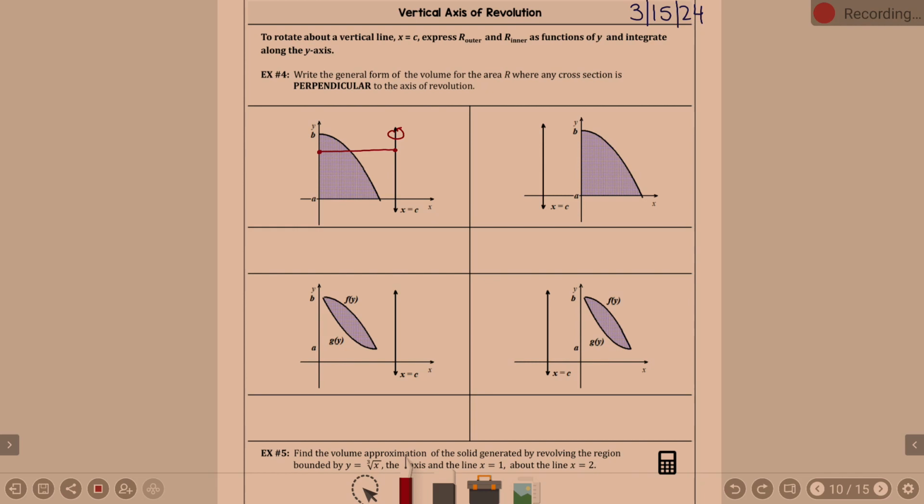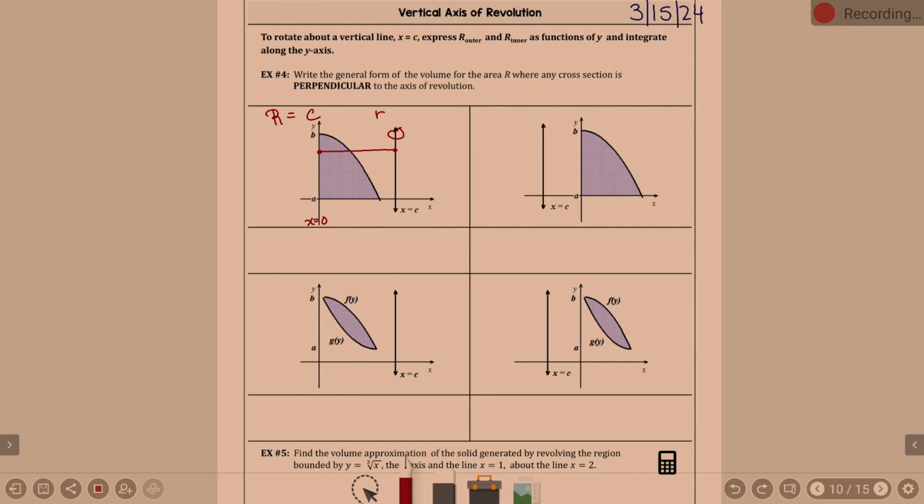So big R is the distance from where you're rotating about to the farthest most distance, which in this case is x equals 0. So for big R, this is going to be c minus 0, or in other words, a distance of c.